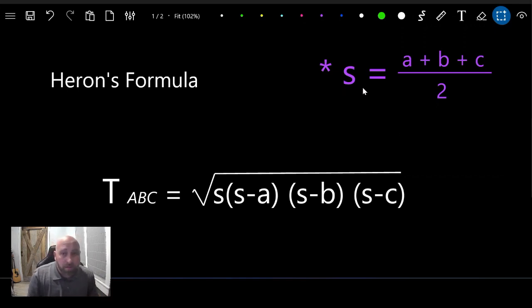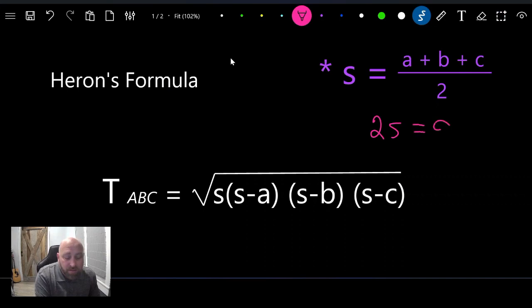In his formula, the letter S equals A plus B plus C divided by 2. Another thing that you're going to need quite often in this formula is 2S. And 2S just equals A plus B plus C. Basically all I did was multiply both sides by 2 right here, right?